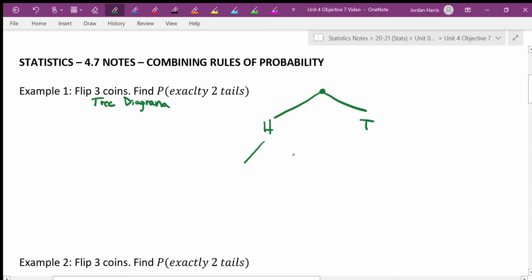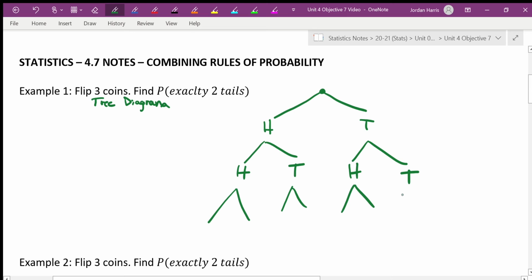Second coin, heads or tails from each possibility of the first, right? If I got heads on the first coin, I could still get heads or tails on the second. If I got tails on the first coin, I still could get heads or tails. And then branching off from each of those, for the third and final coin flip, we have heads or tails, heads or tails, heads or tails, heads or tails.